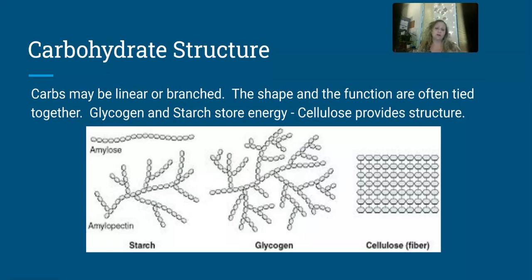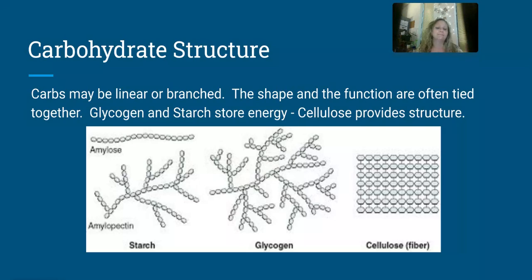That can also affect how it appears. So by having your carbohydrates, the differences between having alpha or beta glucose molecules, it actually leads us to a different overall structure of the larger molecules.